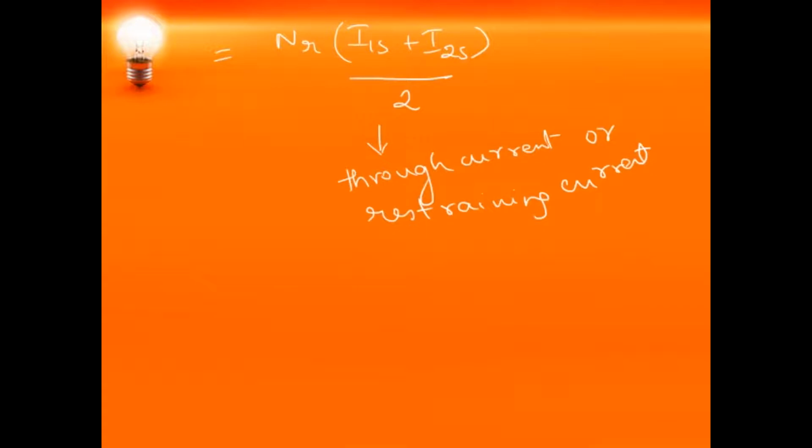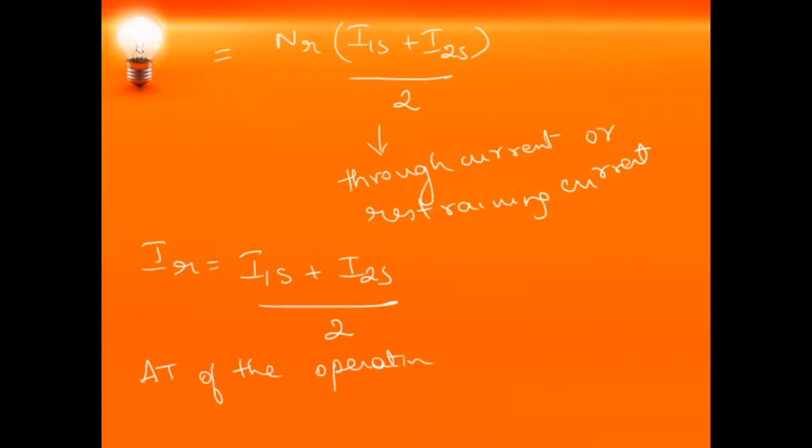So we can write this restraining current IR as I1S plus I2S by 2. Now the ampere turns of the operating coil is nothing but N0 into I1S minus I2S.